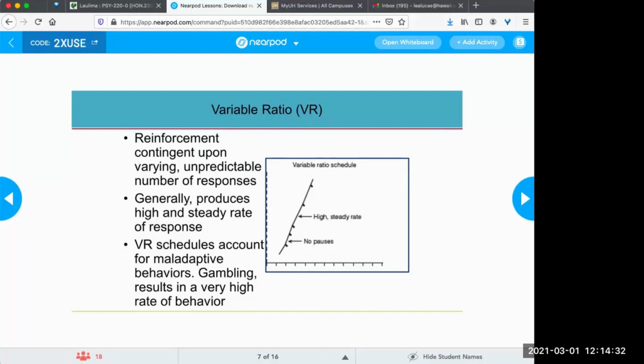So if you've ever been to the 9th island, or people would like to go to the 9th island because they like to gamble, they like to do the various slot machines, roulette, all those kinds of things, they're participating in this variable ratio type of behavior. And like I said, it can be very problematic because of how reinforcing it is. The behavior may be reinforced to a point where it's maladaptive for the individual.